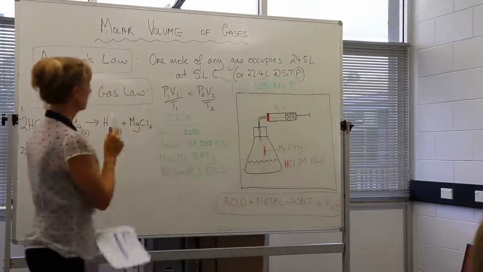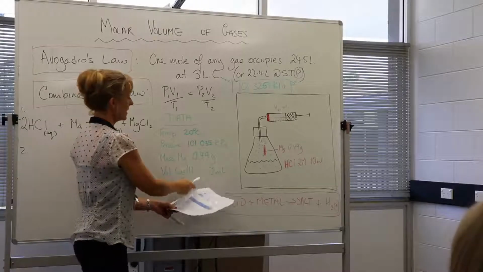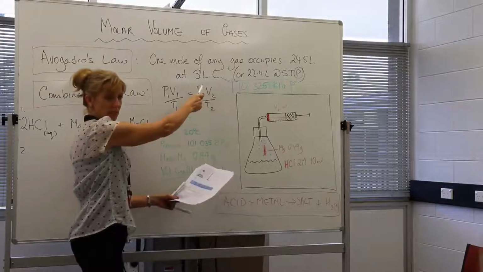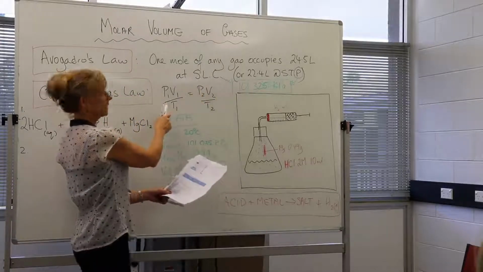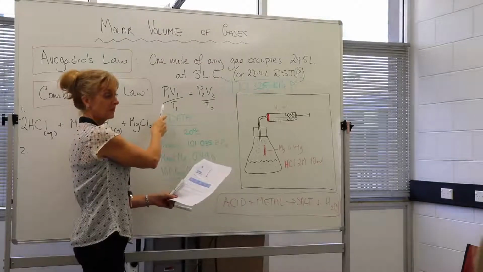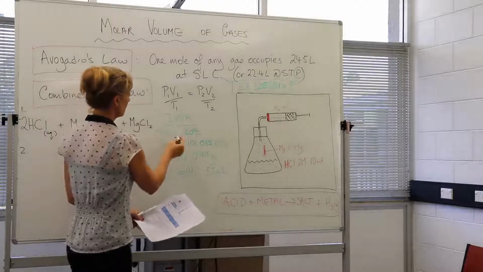Alright, so we're going to convert our volume of gas that we collected to the right SLC conditions using the combined gas law. Now if you're a bit confused, I'll show you how that works. So essentially T, this temperature here becomes T1.